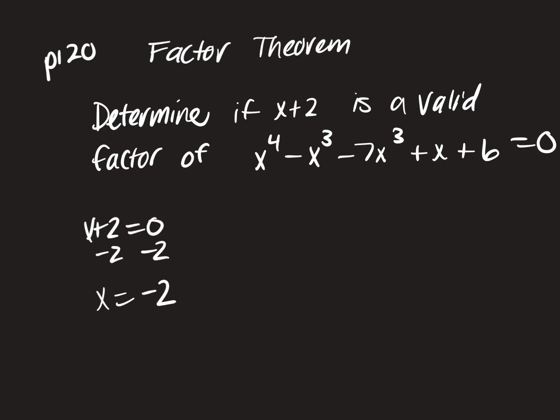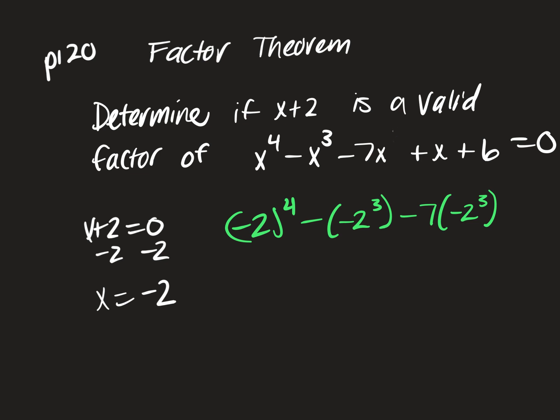Okay, so we have negative 2 to the 4th minus negative 2 cubed minus 7 times negative 2 squared. That should be squared, I copied it wrong. Sorry, cubed twice doesn't make sense. Minus 2 plus 6. So negative 2 to the 4th is what? 8.